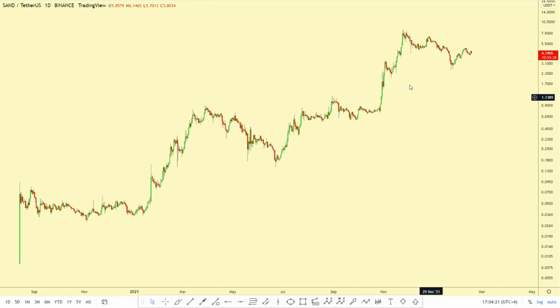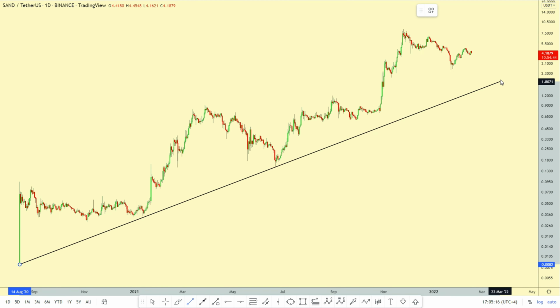From the first look at the Sandbox chart, it's obvious that the price is still in an uptrend. But what's interesting here is that unlike the majority of cryptos, this one did not break its trend line. If we draw a trend line right from the start over here, we can clearly see that the price has always been respecting the trend line and it bounced from it every time it came for a retest.